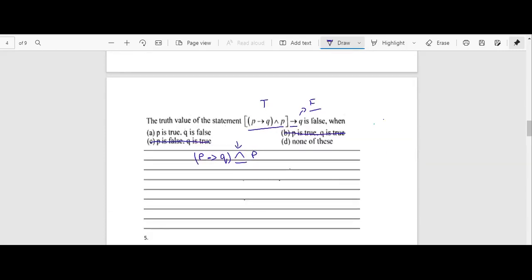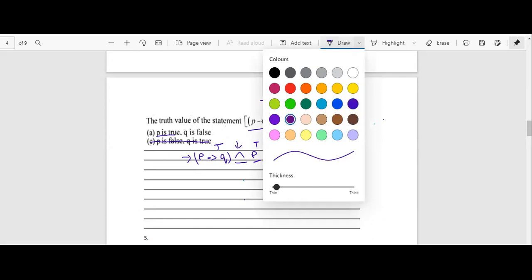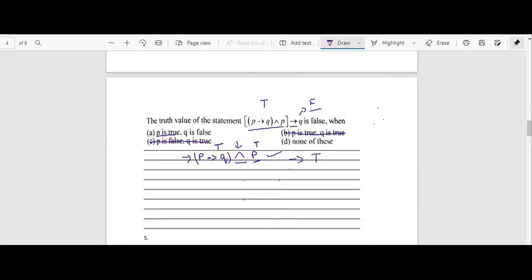So for having this statement true, we need to have P true and we need to have this part true. Okay, perfect. So P is true, right? We need to have this whole statement true, and P is true, and we need to have P implies Q true as well. But let's see if it is true or not. All right, I'll use a different color now. We are working on P implies Q, where we know that P is true and Q is false.